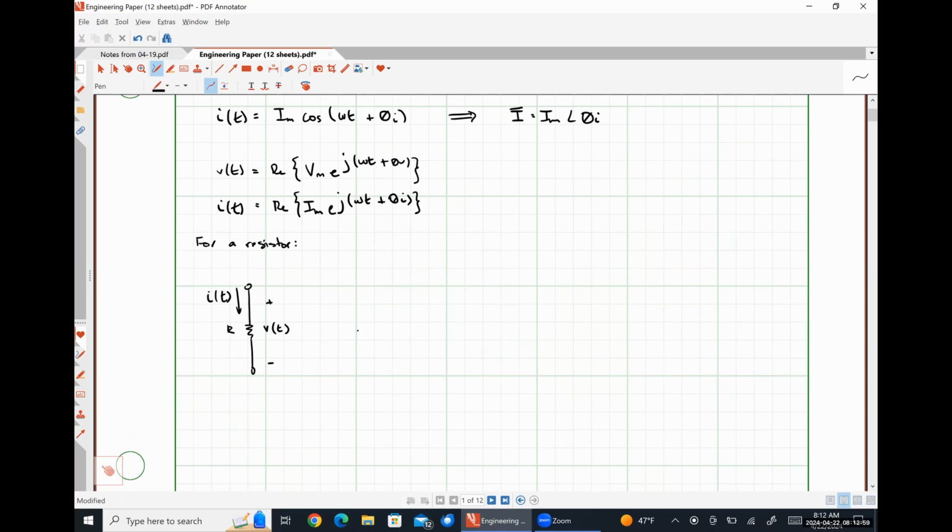We know that v of t should simply be R times i of t, which is nothing more than Ohm's law, right?